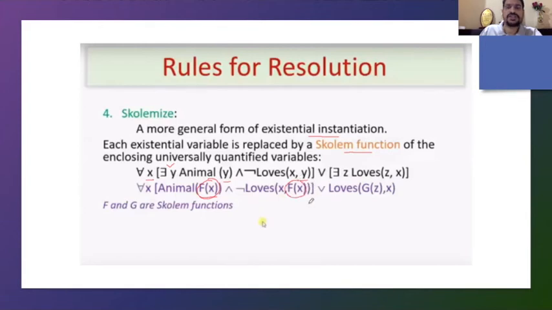So instead of changing to a constant, we'll change the variable to another variable which belongs to the universal quantifier. So I think it is clear. Here f and g are Skolem functions. Here we have used f and here we have used g.